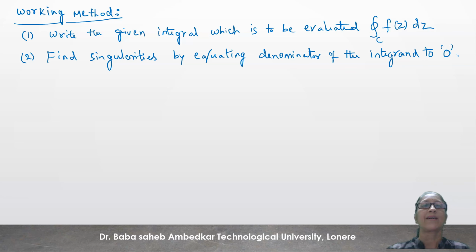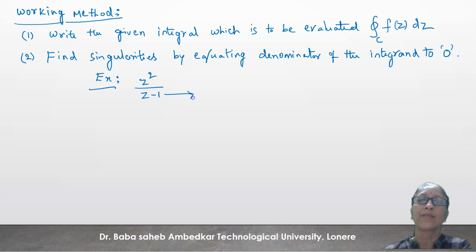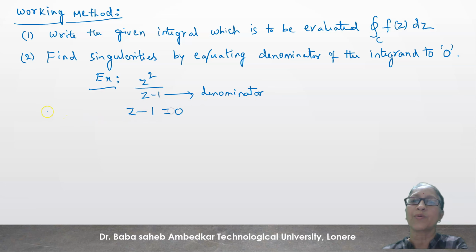By equating the denominator of the integrand to 0, we can find singularities. That means if you see this, say z square by z minus 1, here this one is the denominator. So if you equate this to 0, you get z minus 1 equal to 0.